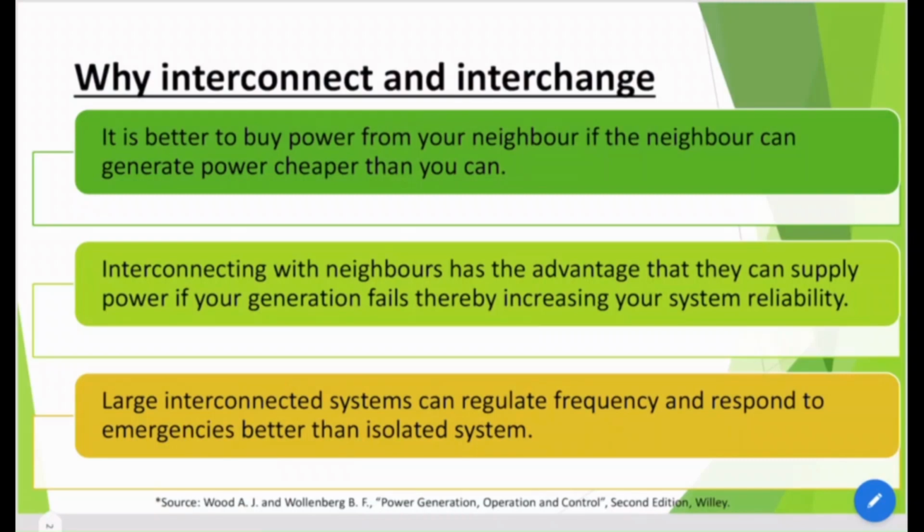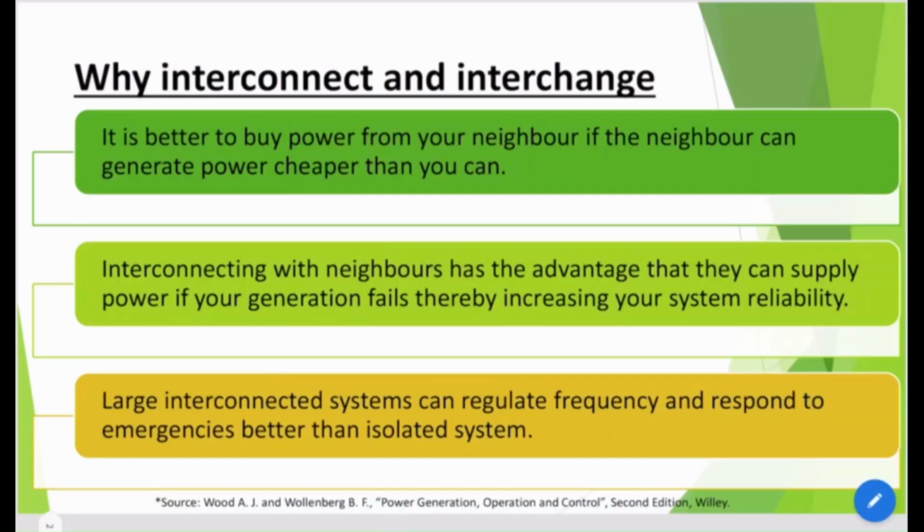Now, large interconnected systems can regulate frequency and respond to emergencies better than isolated systems. Imagine in your area the load is more. What will happen when the load is high? That means your frequency is going to be lower. So you can get energy from other areas to cater to your own load so that your frequency can recover slowly and come closer to your standard value of 50 Hertz.